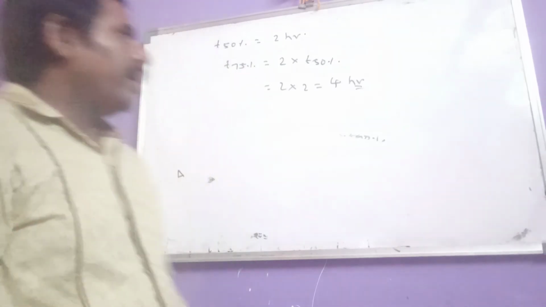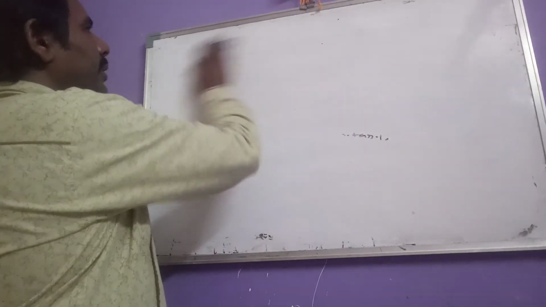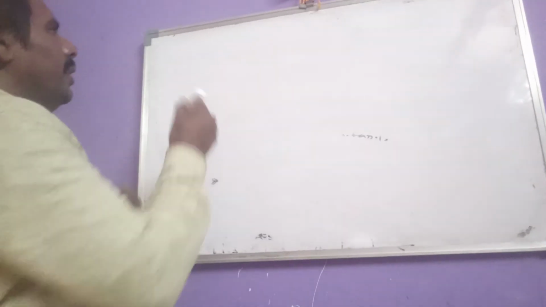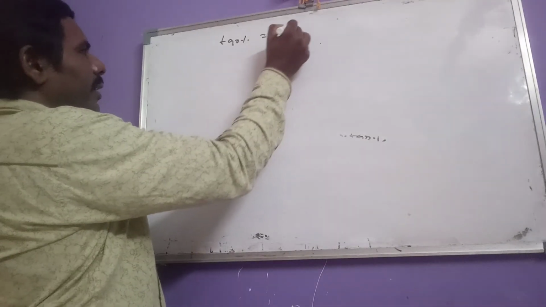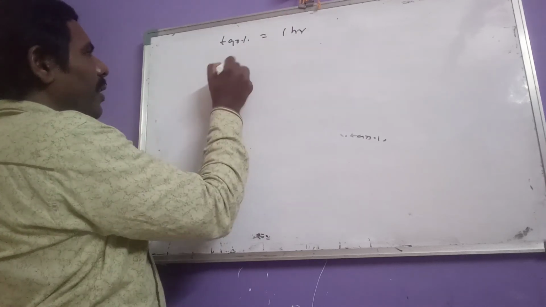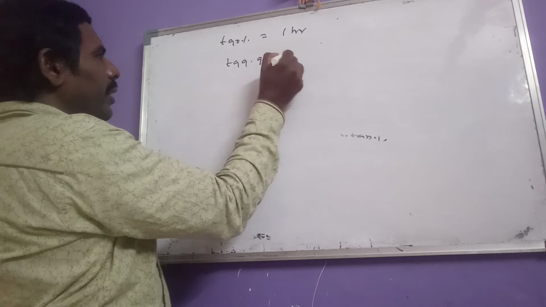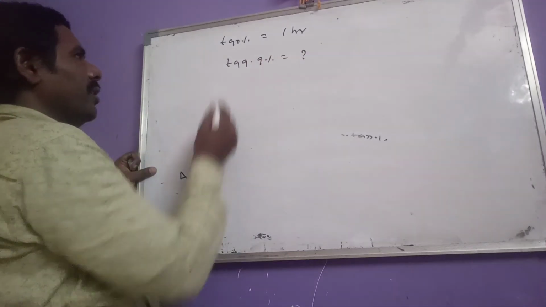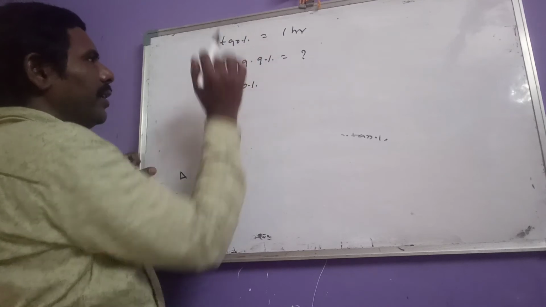Another question: T 90% of a first order reaction is 1 hour. What is the time required for 99.9% of the reaction? We have to consider the relation between these two only.